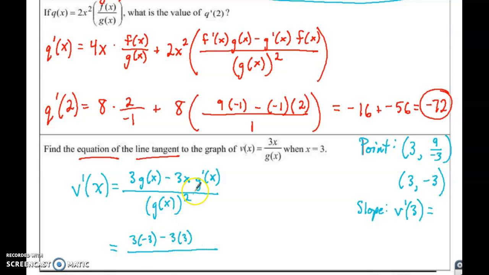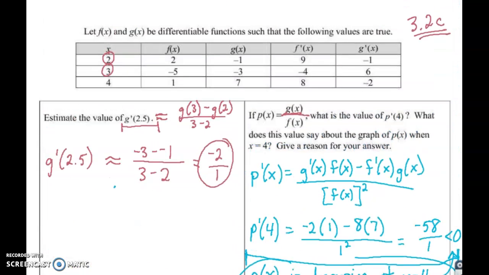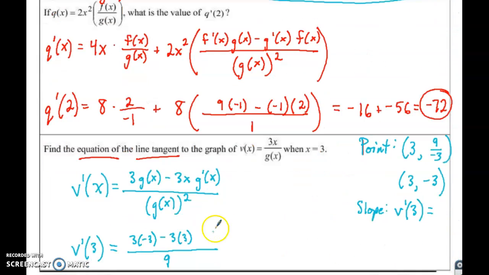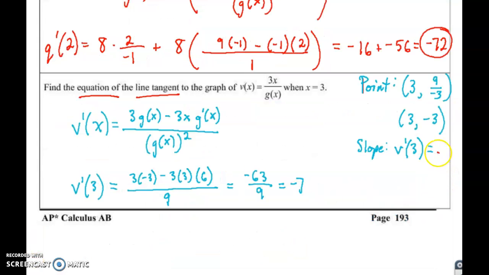I guess I could write negative 3 squared. I hope you can do that in your head. And I need g prime of 3, which is 6. So I'm looking at negative 9 minus 54. It's negative 63, right? Divided by 9 is negative 7. Holy cow, this is taking up a bunch of room. So my slope is negative 7.